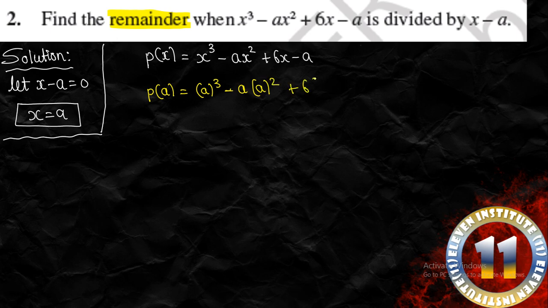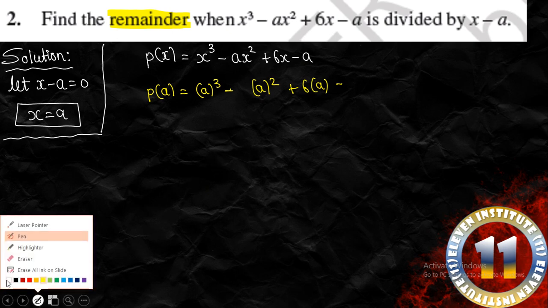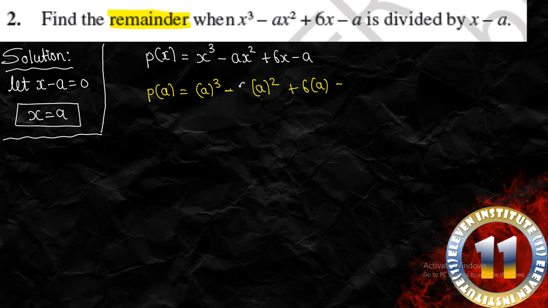Plus 6 as it is, instead of x, we will write a, and this is minus a. Now try to understand, my dear friends, these both were already present, right? This a was already there in the polynomial, this a was also already there in the polynomial. Rest, at each and every place we have substituted a with x. Sorry, x with a.